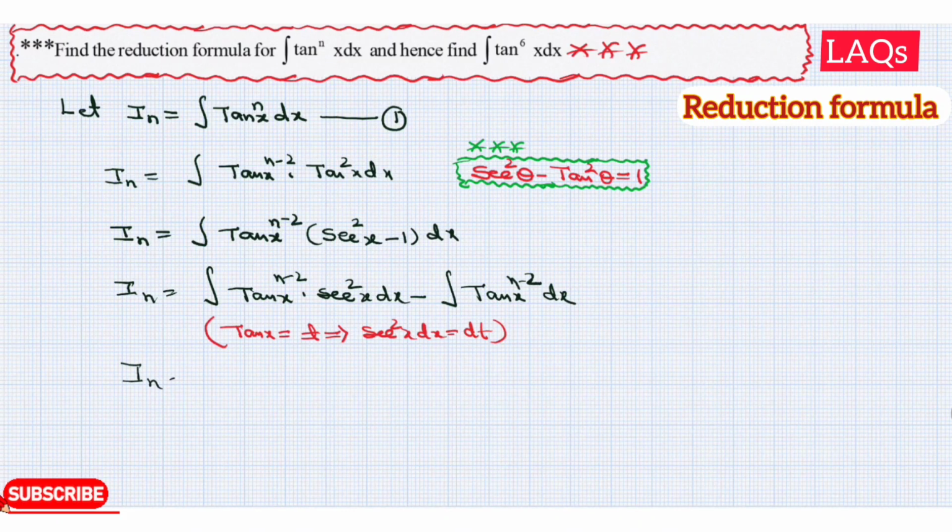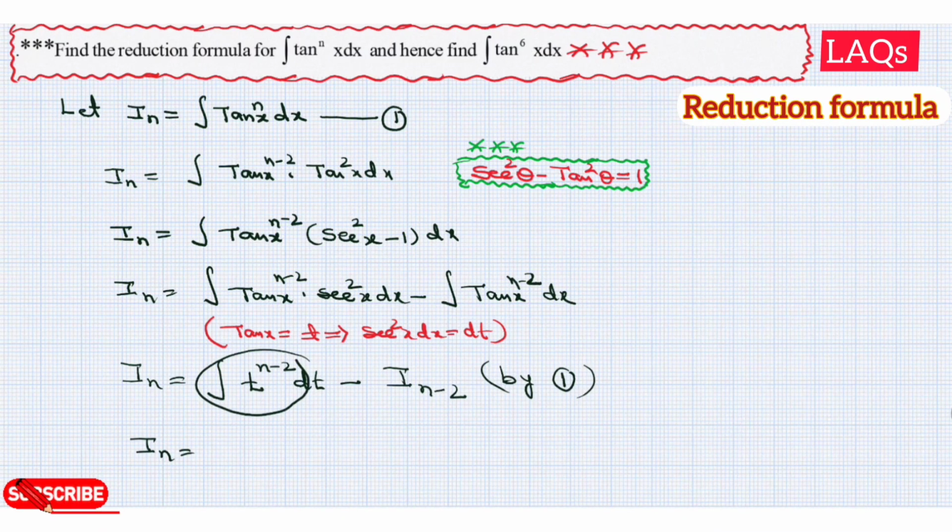So In equals integration t power n minus 2 dt minus I(n minus 2), equation number 1. Next, In is in the form of x power n integration. The integration of x power n is x power n plus 1 by n plus 1.